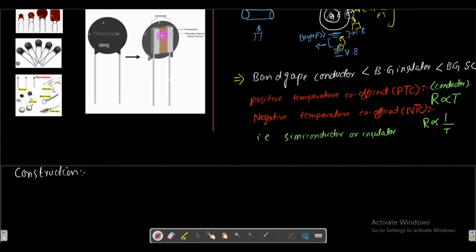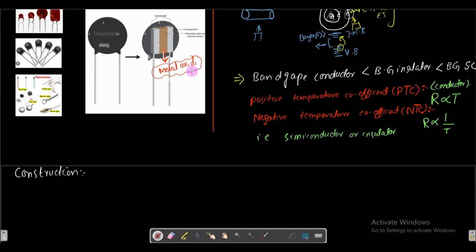That oxide will be present in the form of powder inside this material. So this gray shape is actually the metal oxides, and the metal oxide may be copper oxide, nickel oxide, zinc oxide and so on. Different oxides.